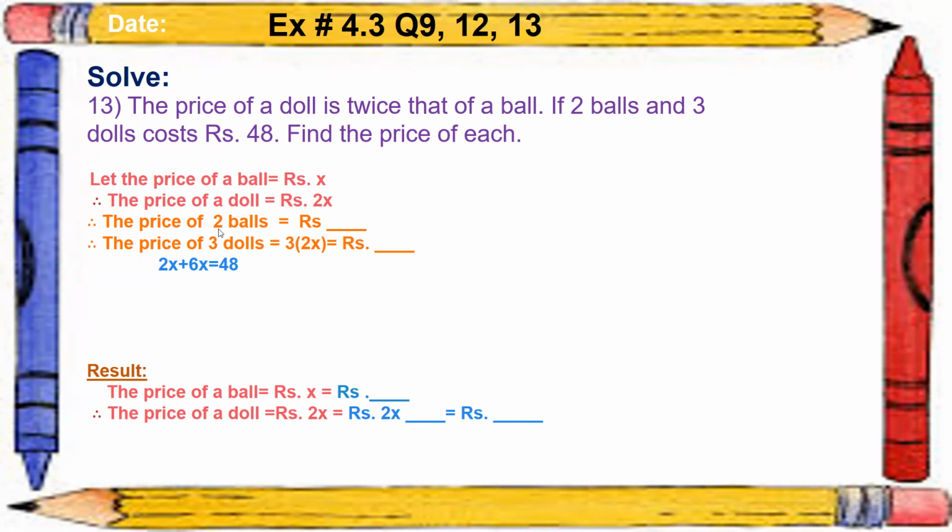Then read the next line: price of 2 balls and price of 3 dolls, properly multiplied, and write down over here, and then you get the equation 2x plus 6x is equal to 48. Solve the equation, and in the end write down the result properly and also mention rupees with the answer.